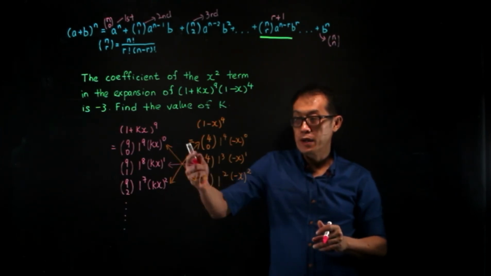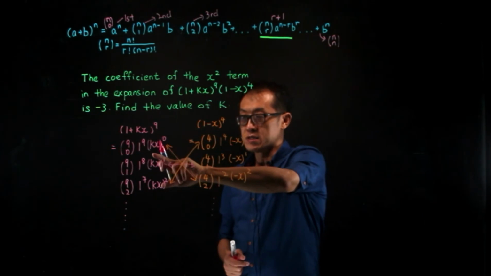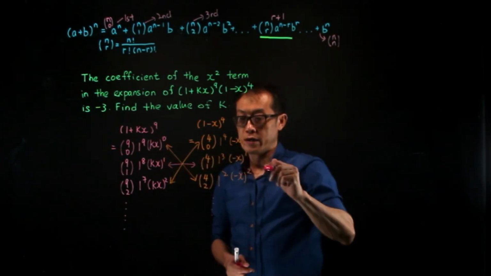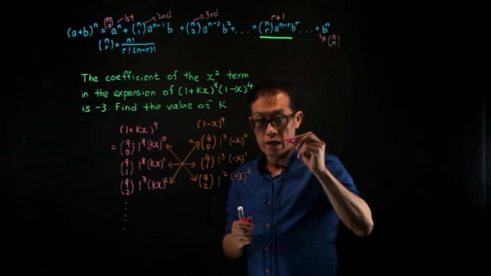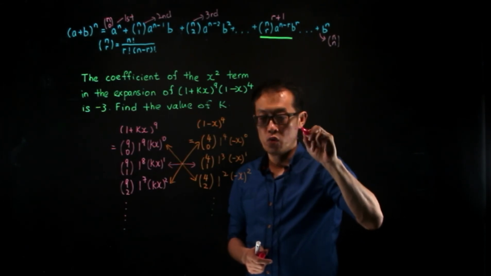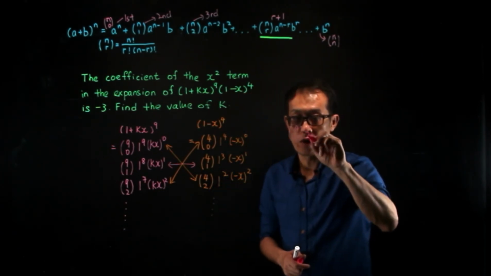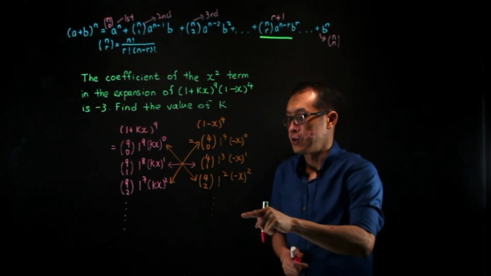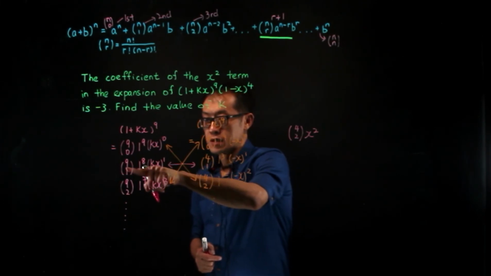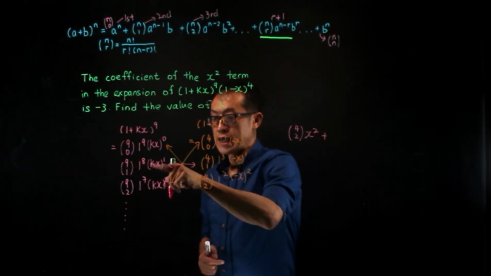Now let us multiply the x squared term. So start off with this multiplied by this is 1. So you are left with 4C2. This is 1 and this is x squared. Now how about the second one? This is 9, so 9kx.